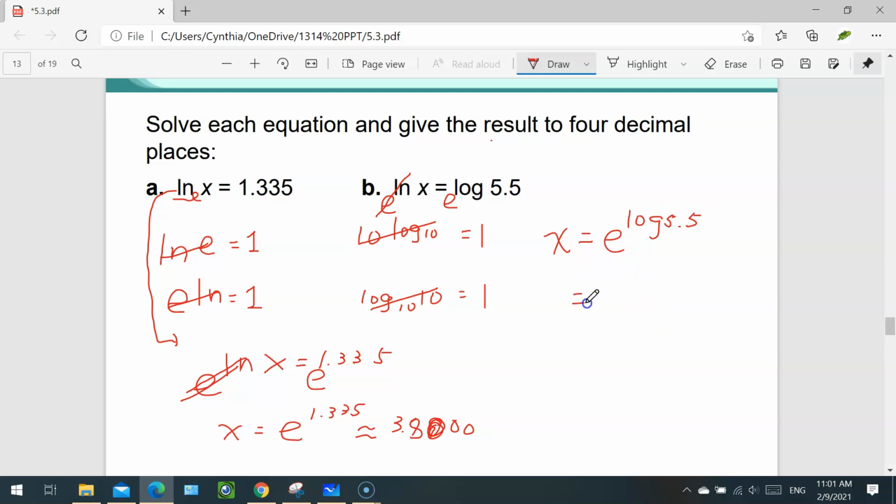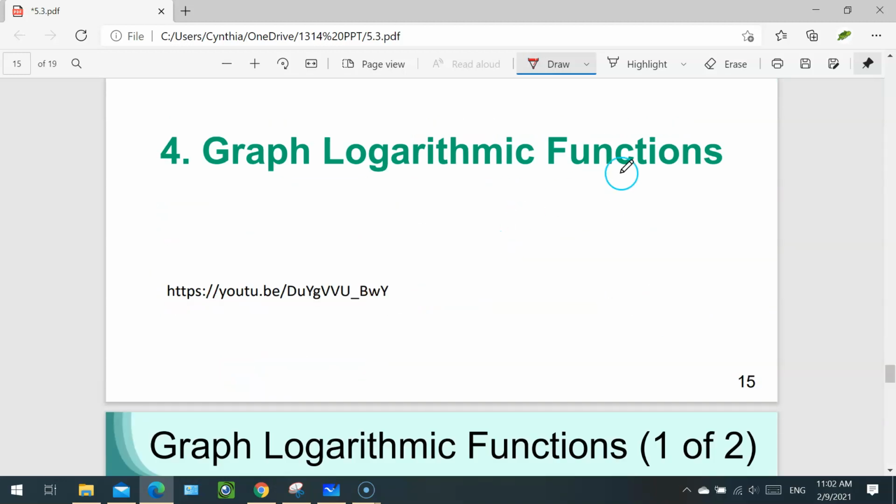Now you use a calculator to input e to the power log 5.5, and it gives us approximately 2.0967.